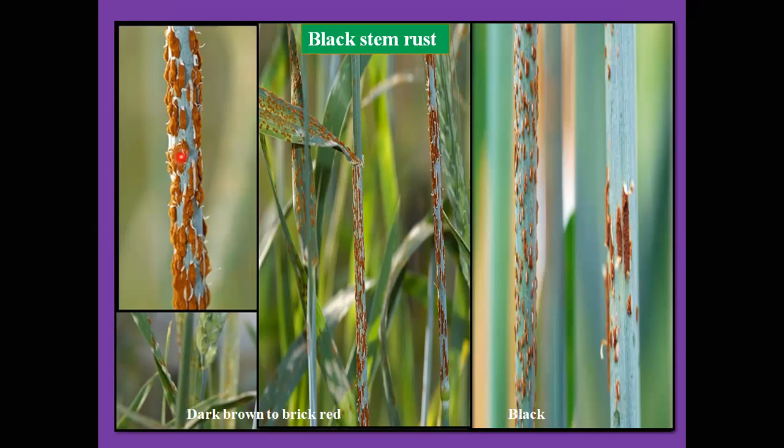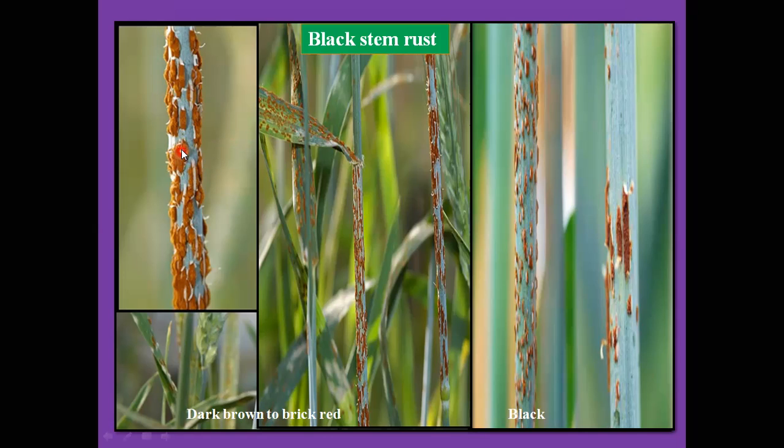These uredopustules become darker at the time of crop maturity, or after their development on the stem or other parts of the leaf.